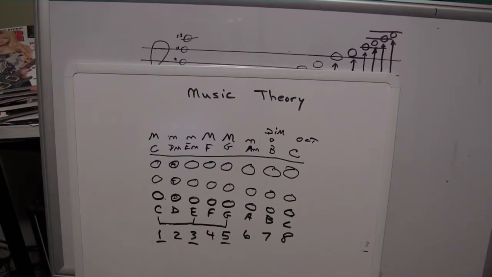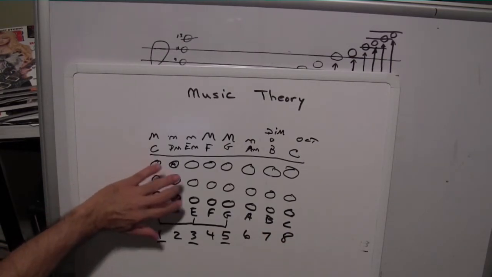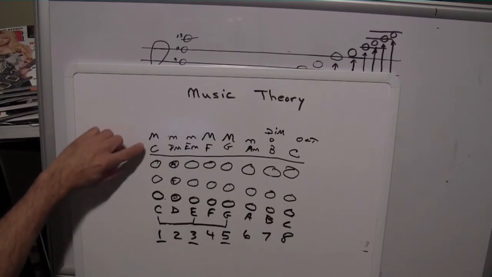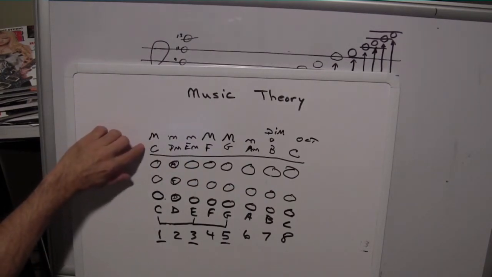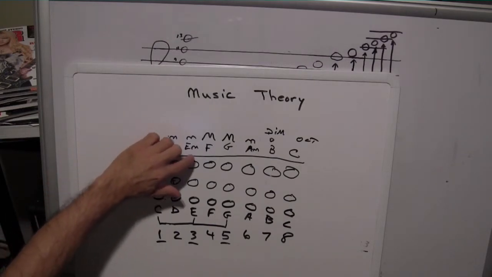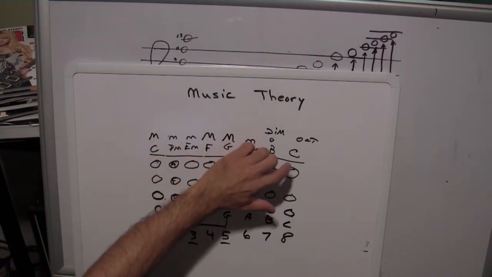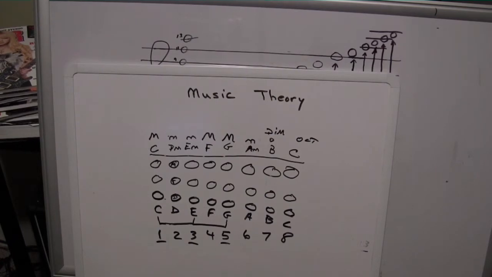No matter what letter we start with, we write out the sequential alphabet from that note and start stacking thirds on them. We're talking about the harmonized major scale. It's going to be major, minor, minor, major, major, minor, diminished, and octave. That's just how it is.